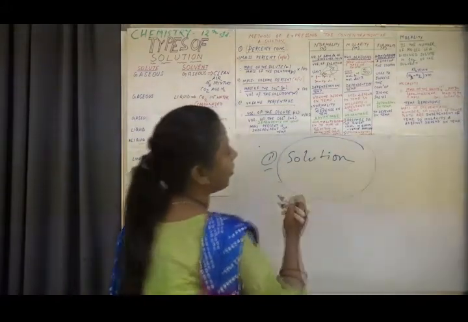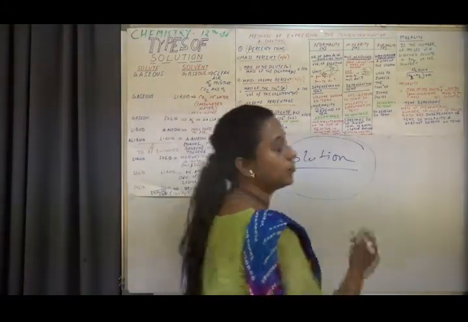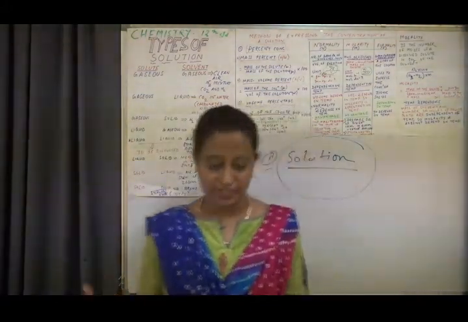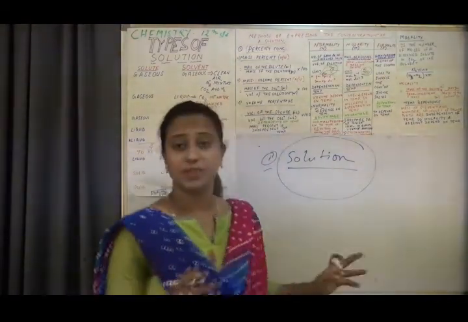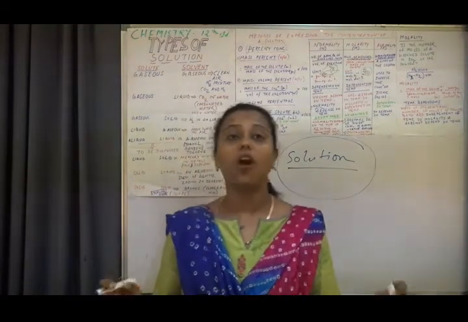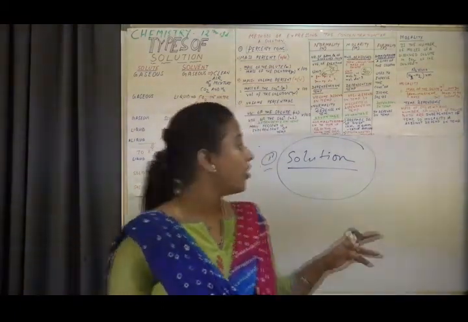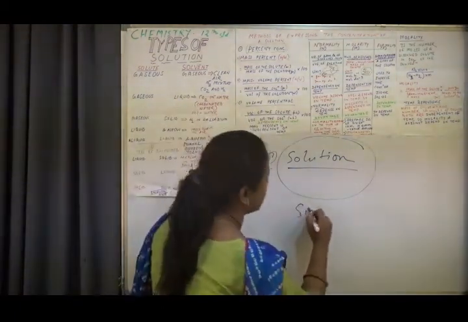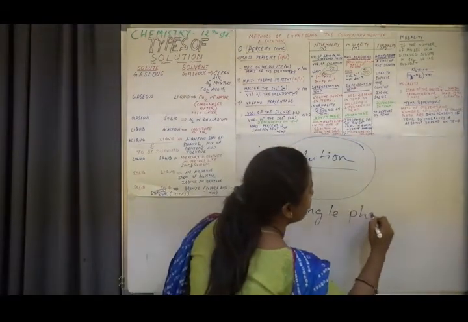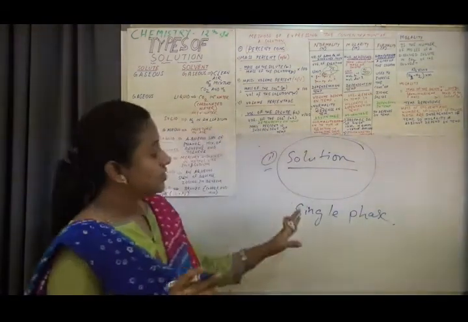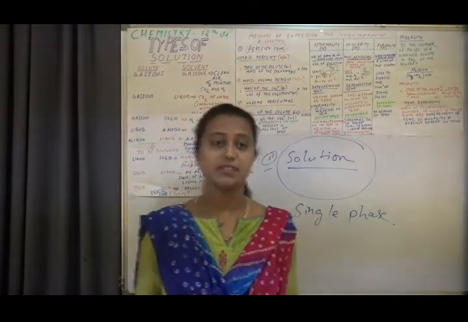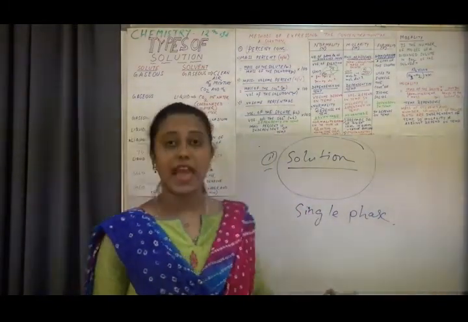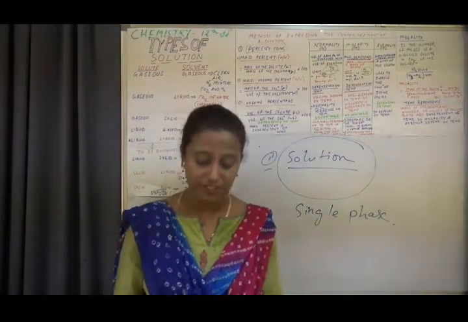All of you have gone through this term solution in your previous classes of class 9 and 10. A solution is a homogeneous mixture of two or more substances. It can be two or more substances forming a single phase and dispersed in a molecular media.